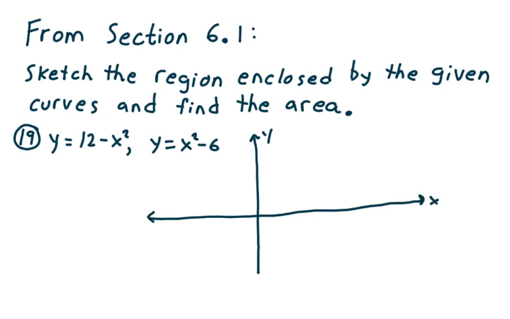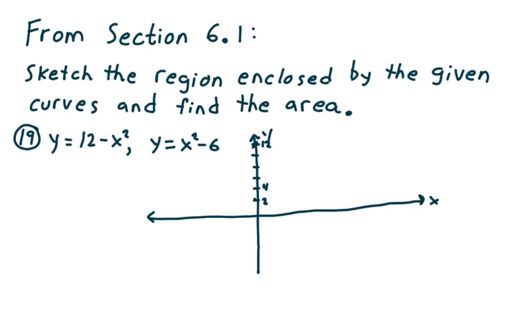First I want to sketch the graph of y equals 12 minus x squared. When x is 0, y is 12, right? So I'm going 2, 4, 6, 8, 10, 12, going up by 2's. And I'm going to plot 0, 12.